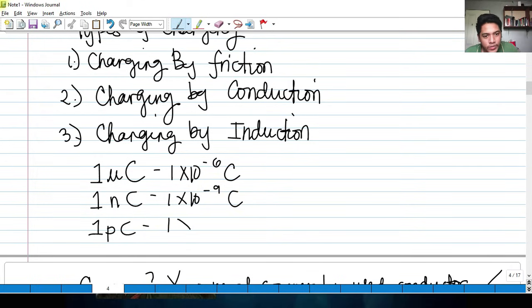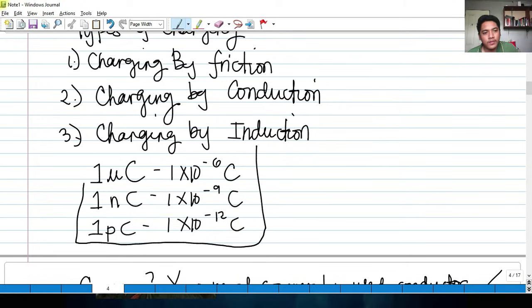And 1 picocoulomb is 1 times 10 raised to negative 12 coulomb. In our computations, we will frequently see these ranges of charges, the values of charges in micro, nano, and pico.